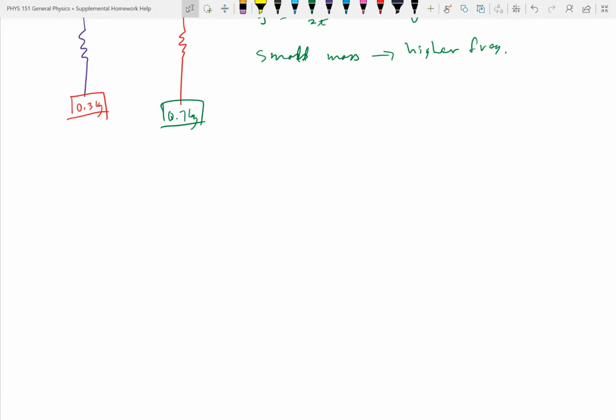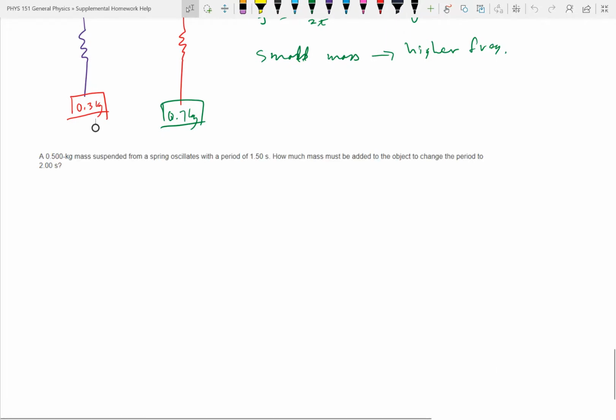Okay, next. I assume you want to go on. A 1/2 kilogram mass suspended from a spring oscillates with a period of 1.50 seconds. How much mass must be added to the object to change its period to 2 seconds? My pictures are looking fundamentally the same.